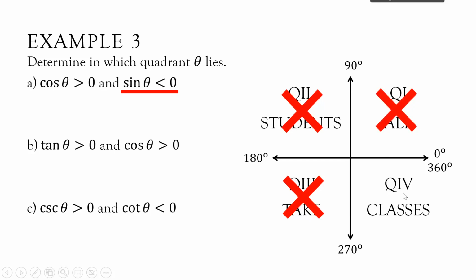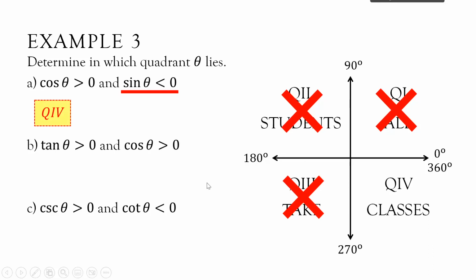And just to double check our work, quadrant 4, is it true that sine should be negative in this 4th quadrant? Well, yeah, sine should be negative here, because the only trig functions that are positive in quadrant 4 are cosine and secant. So I know that my angle is in quadrant 4. Again, I don't know what my angle is, but I know it's somewhere in this bottom right corner.